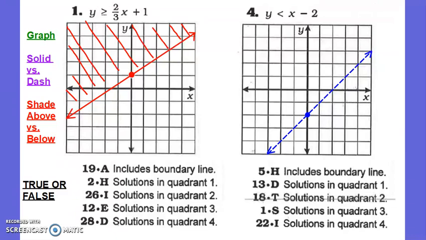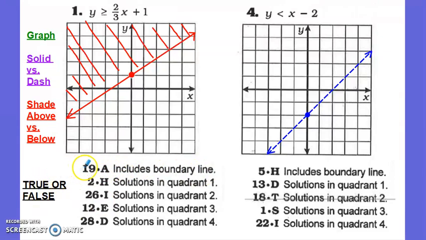Same thing goes for the next line over here. We again started at -2 because the y-intercept was -2. So we've got a -2 right here. And then a slope of 1 times x. But notice again, no equal sign. So a dashed line going up here. Or as we would say, notice down here on the bottom, true or false statements: the first line includes the boundary line.